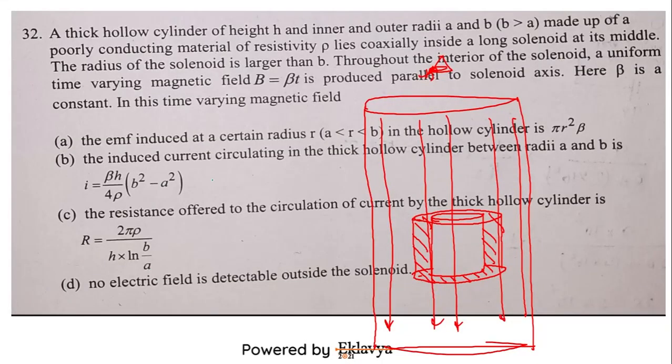EMF induced at a certain radius in the hollow cylinder. So if we are talking about a distance r, here we are talking about EMF induced. We can apply Faraday's law. EMF induced will be equal to rate of change of flux.